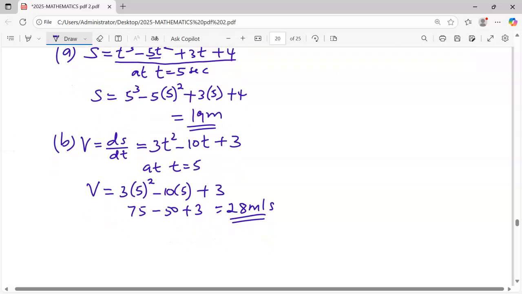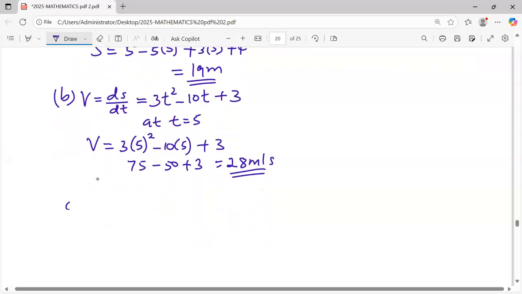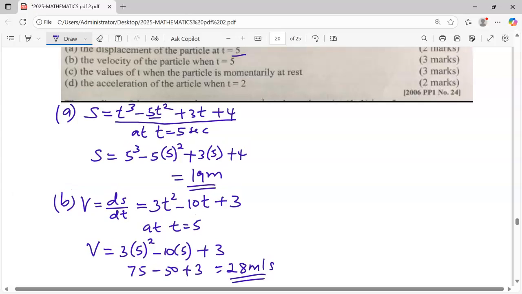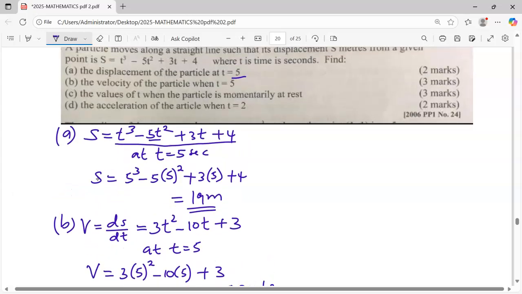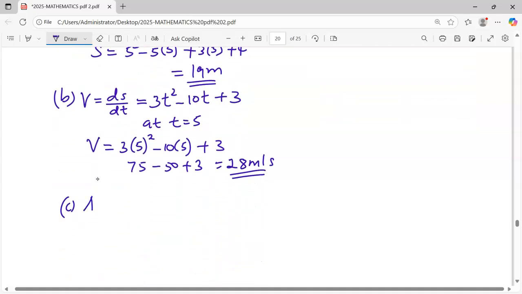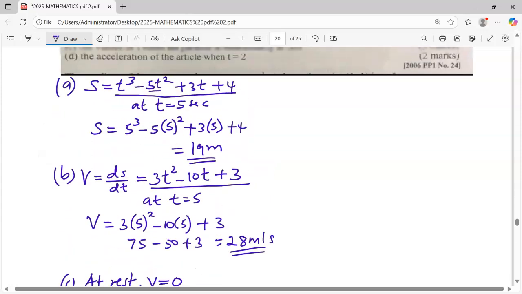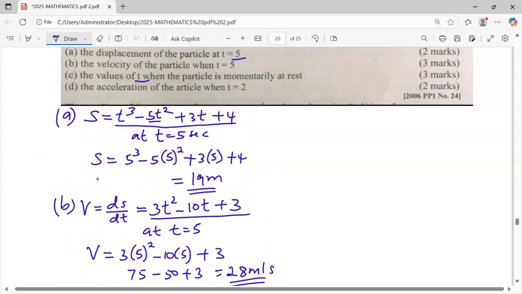We move to part C, and in part C we are told to find the values of t when the particle is momentarily at rest, and we know that at rest the velocity of the body is always 0. Therefore we take the velocity function, which is 3t squared minus 10t plus 3, and equate it to 0. Then from there we can get the values of t.